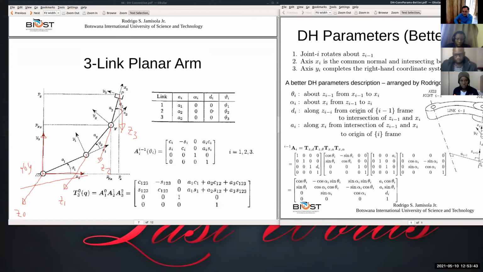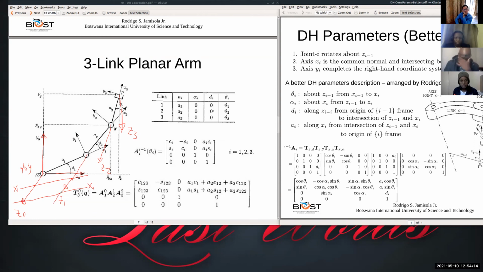This can be X1 because it intersects. This could also be X1 because they intersect.